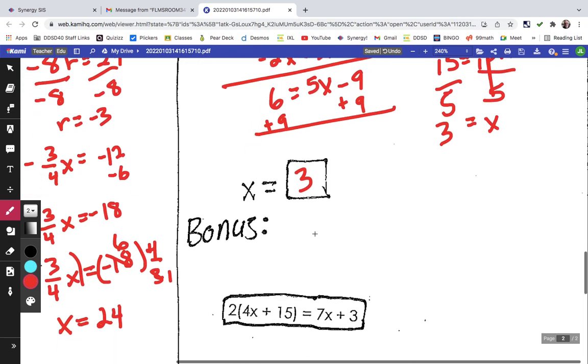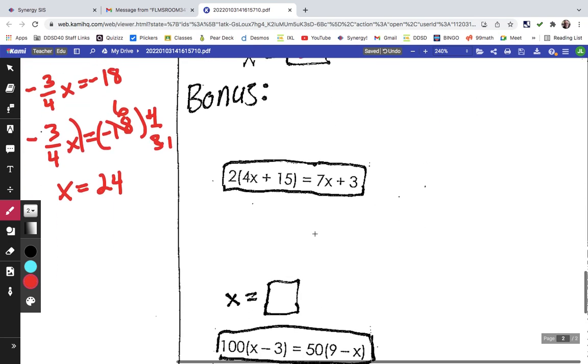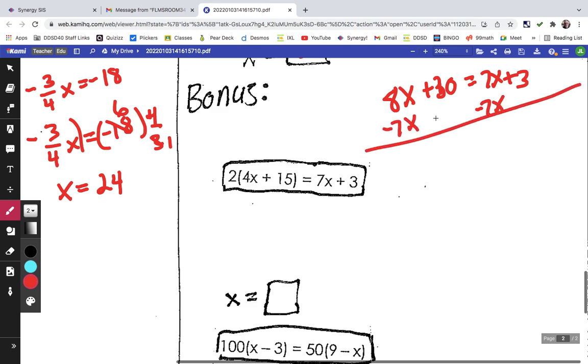And here are the 3 bonus problems. We're going to do 2 times 4x, that's 8x. 2 times 15, that's 30. And that's equal to 7x plus 3. I'm going to create a 0 with the 7x. 8x minus 7x is x.